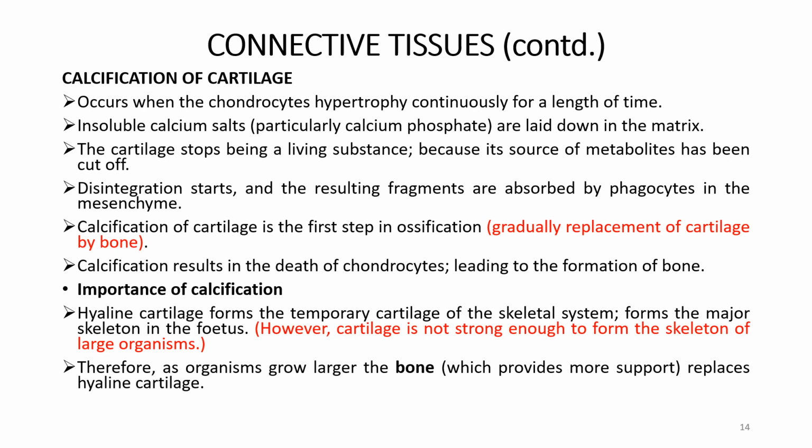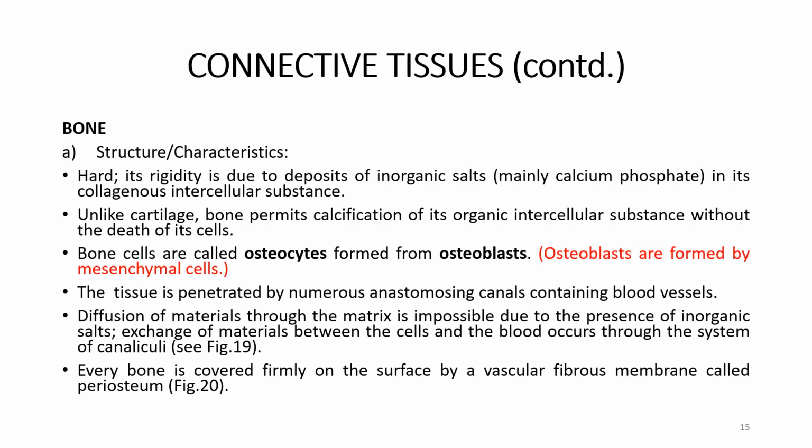In the fetus, that is, growing young ones in animals and humans, most of the skeletal system is composed of cartilage, a form of hyaline cartilage. But cartilage is not as strong as bone, because the young ones are developing, increasing in stature and height. Therefore, as the organism grows larger, bone, which is more rigid and able to provide more support, gradually replaces hyaline cartilage.